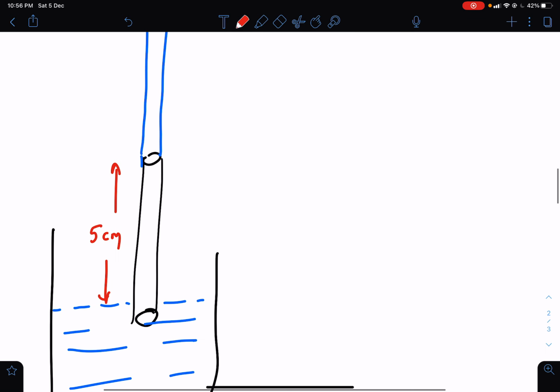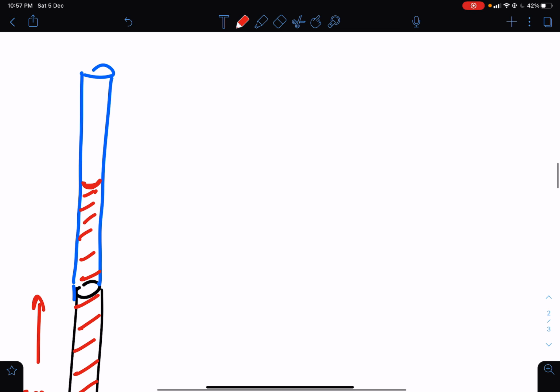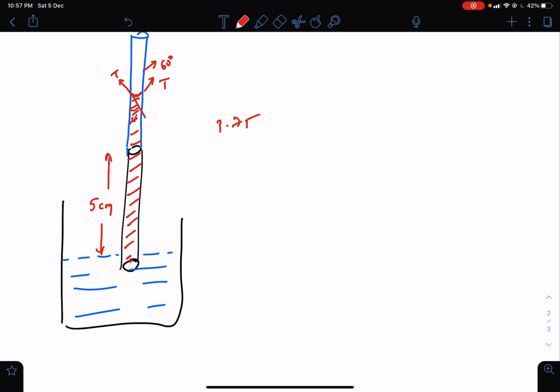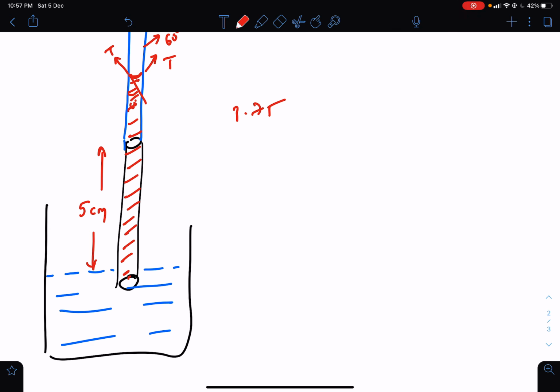In that case it will be in contact with the upper tube, with which it has a contact angle of 60 degree, but the pull of the surface tension from the upper tube can only lift 3.75 only. So even if we assume that the water is able to rise beyond 5, it will be incorrect.